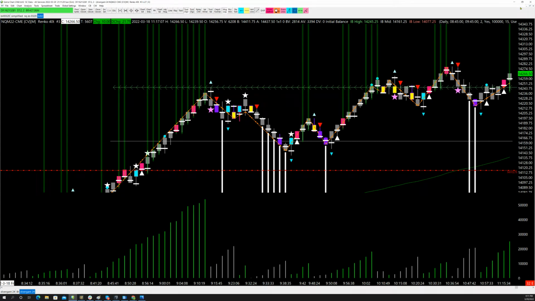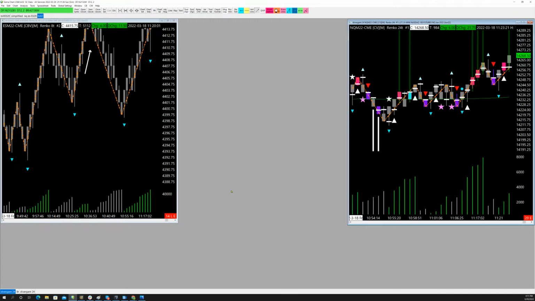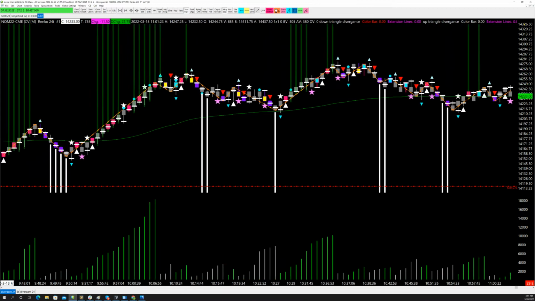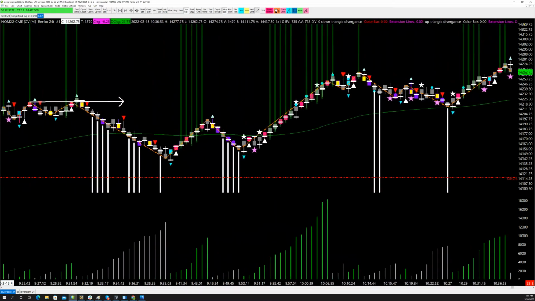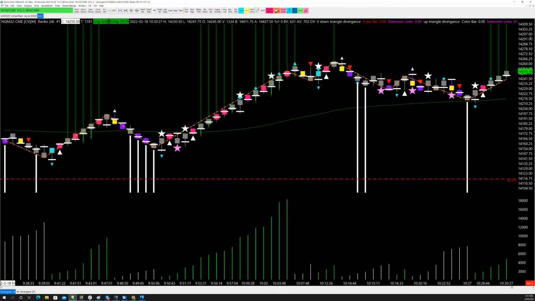Let's minimize that for a second and go to a smaller chart where I don't have the IB on here yet, but I have the rest of the setups that might have taken place. I'm going to take a normal setup that we would have every day.